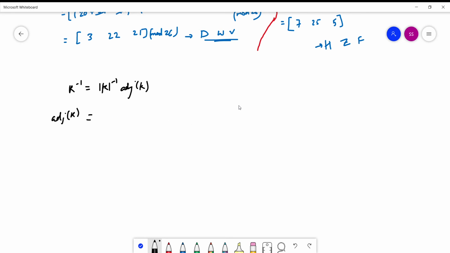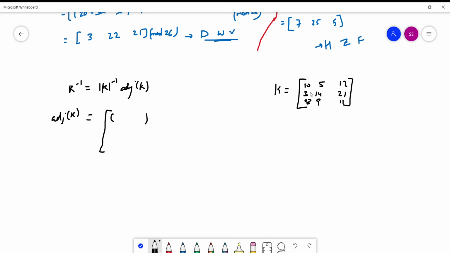So let me write down k here again, then we'll find cofactor of k. K was 10, 5, 12, then 3, 14, 21, then 8, 9, 11. This was my k. So if you are finding cofactor of k, what you have to do is find cofactor of each element.